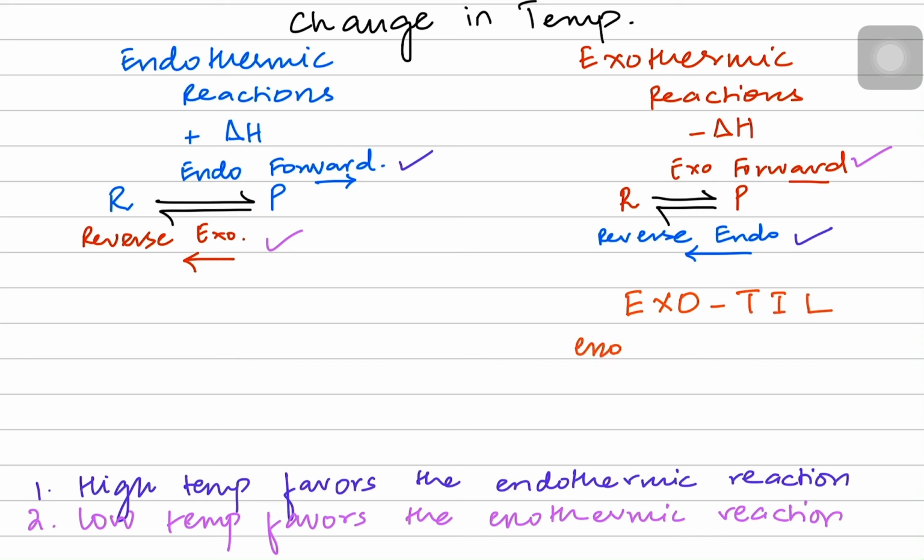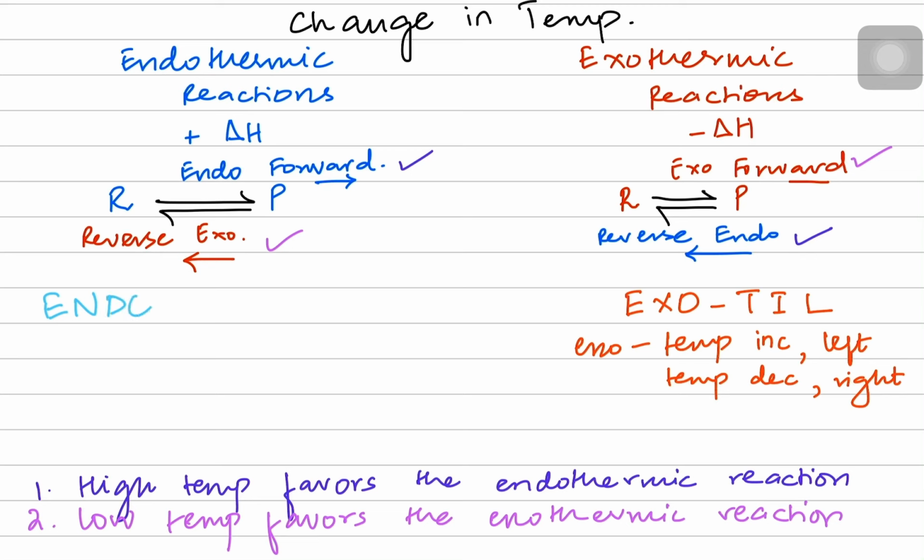which means in exothermic reactions, temperature increase shifts the equilibrium towards left, and the opposite would be that in the same exothermic reactions, the temperature decrease will shift the equilibrium towards the right. So EXOTIL means temperature increase left.